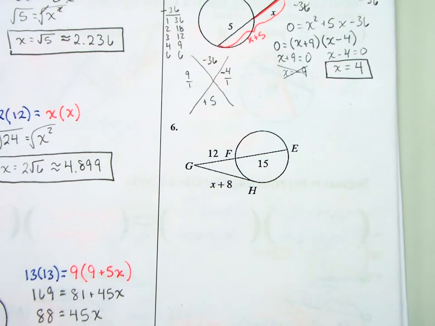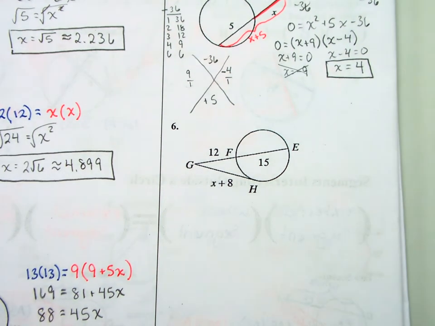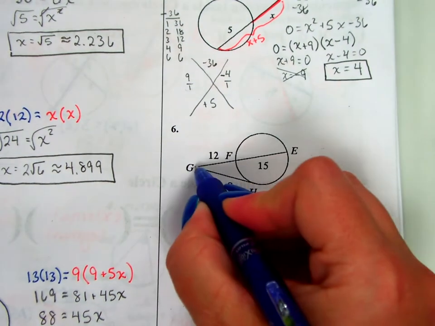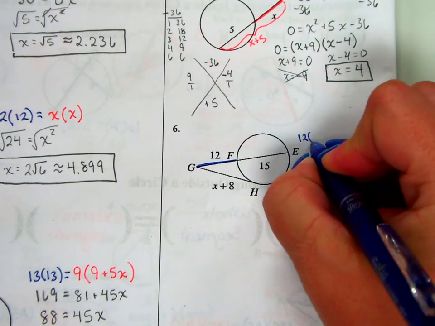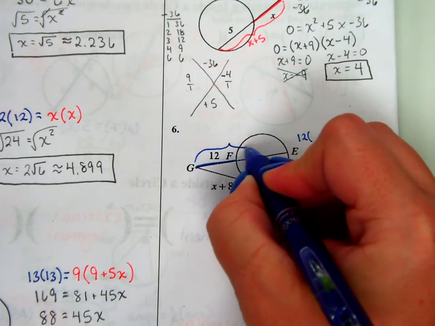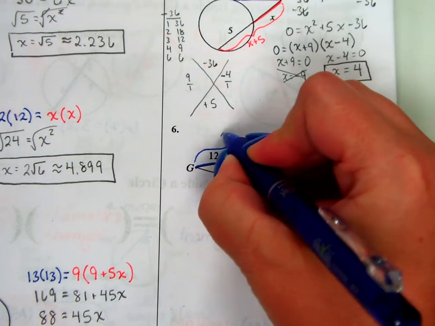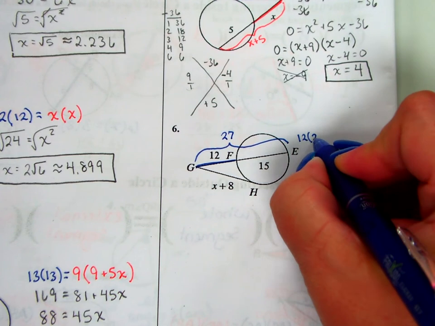Okay, number 6. External times whole equals external times whole. So my external on the top segment is 12. The whole thing is 27.